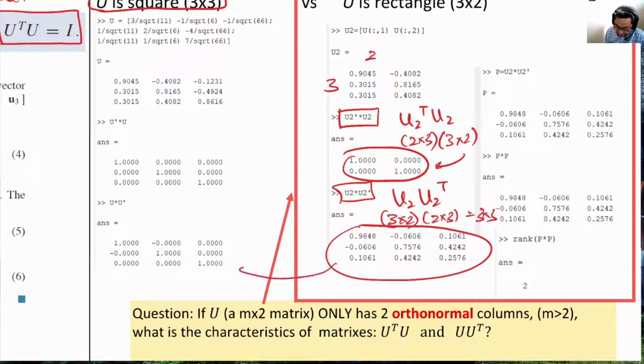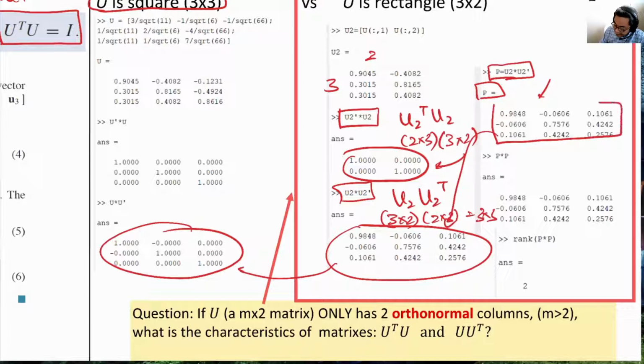In the last example, we got an identity, but here we don't get an identity. This is a very special matrix. Let's call this matrix P. Okay, P is U2 times U2 transpose. This is this guy.